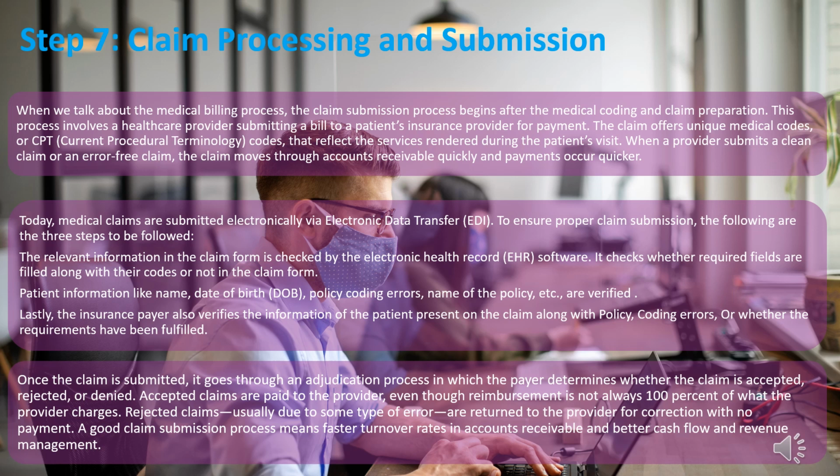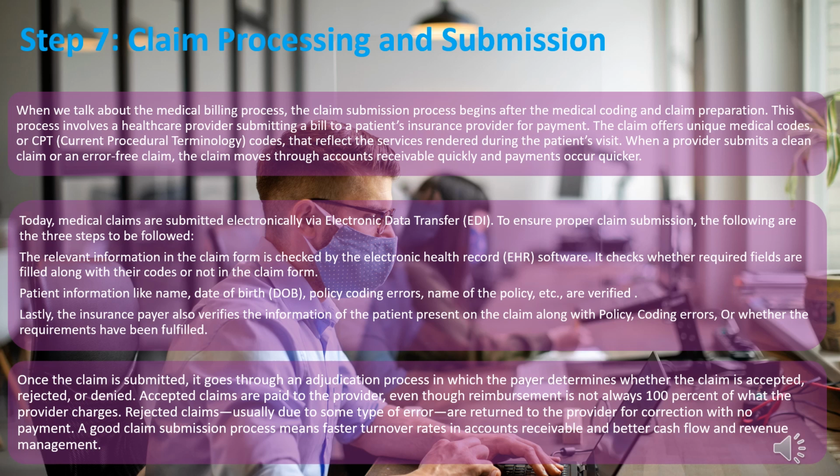Once the claim is submitted, it goes through an adjudication process in which the payer determines whether the claim is accepted, rejected, or denied. Accepted claims are paid to the provider, even though reimbursement is not always 100% of what the provider charges. Rejected claims, usually due to some type of error, are returned to the provider for correction with no payment.